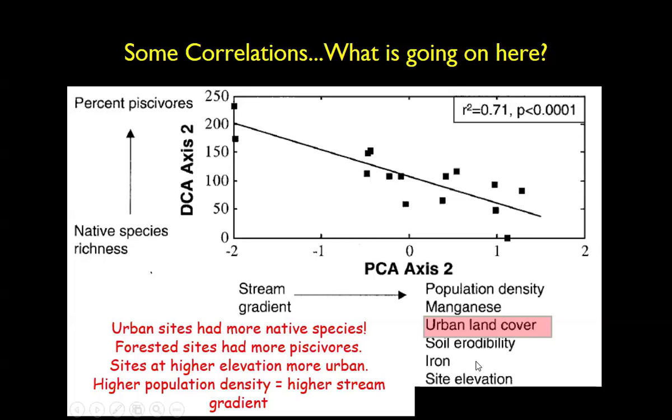But what was interesting here was that urban land cover didn't necessarily lead to a loss of native species, because it looked like those native species could hang in the habitat that was created. That is, they weren't used to a natural habitat that was pristine, which is really interesting because it makes me think of Swannanoa River and what that used to be like and all sorts of things.